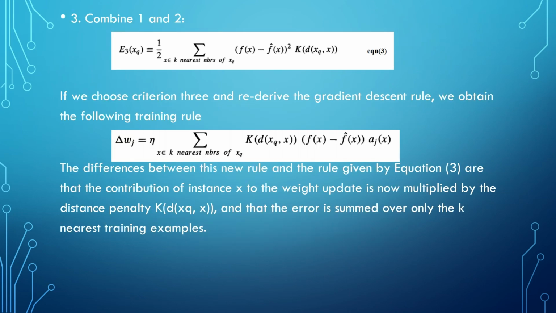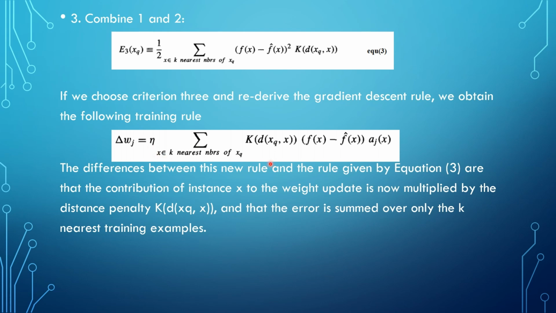Now let us move on to another criterion in order to minimize the error. Let us combine equations 1 and 2, and we get the third equation. If we choose criterion 3 and rederive the gradient descent rule, we obtain the following training rule.